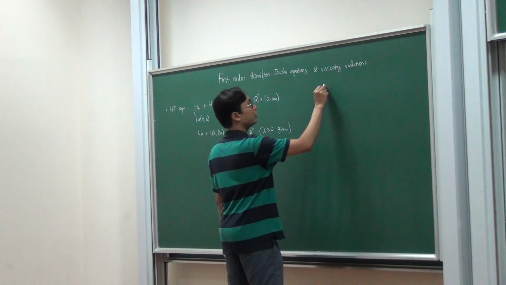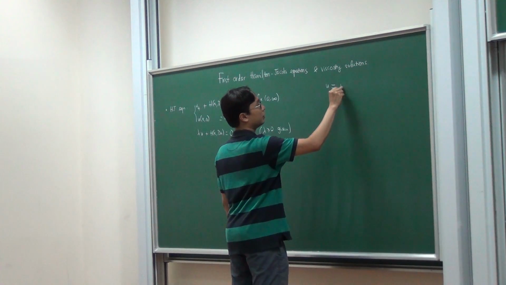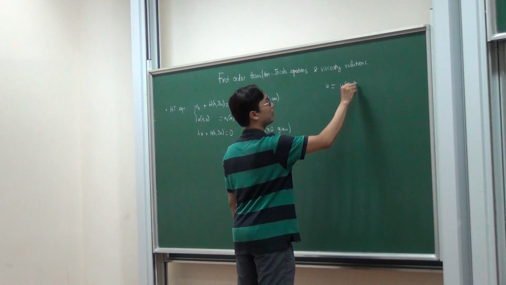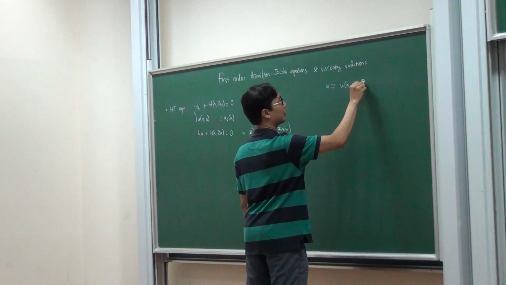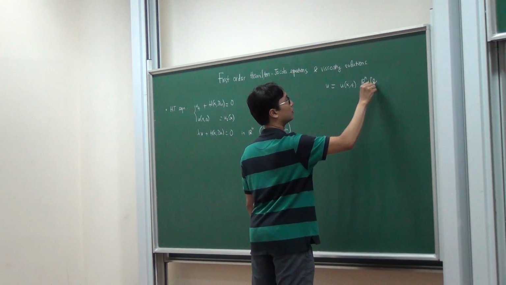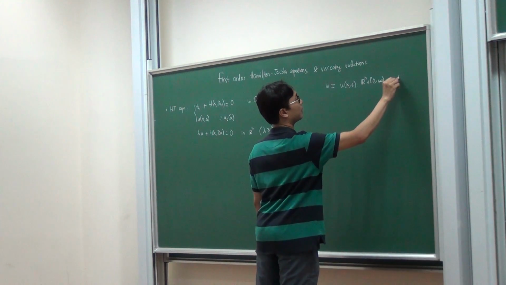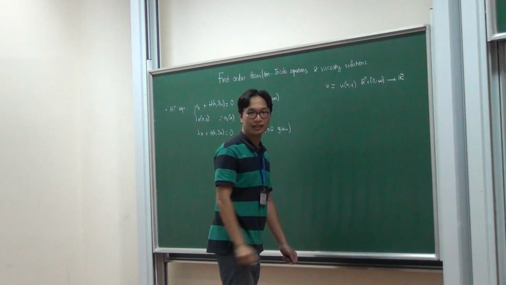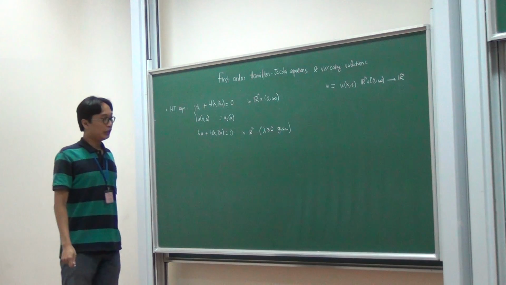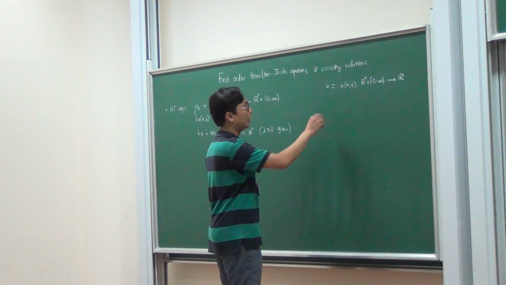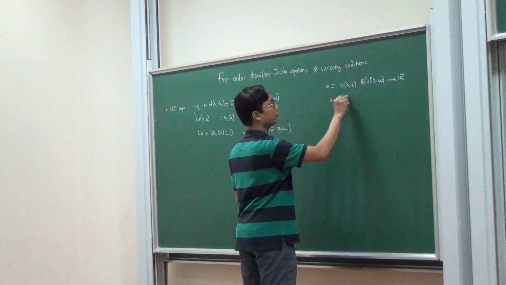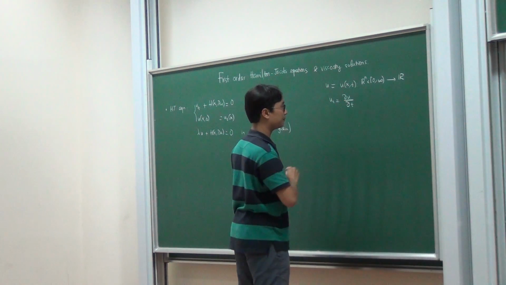Here, u is u(x, t) that maps, in the first case, R^n times (0, infinity) to R. So u is just scalar. Unlike the previous lecture, where u is a vector field, here u is just a scalar function. And u_t is just du over dt, the time derivative.